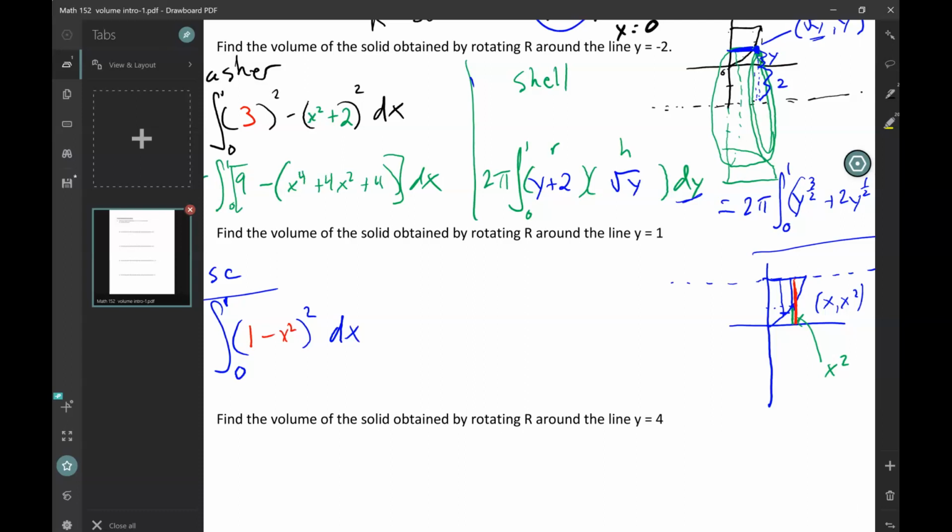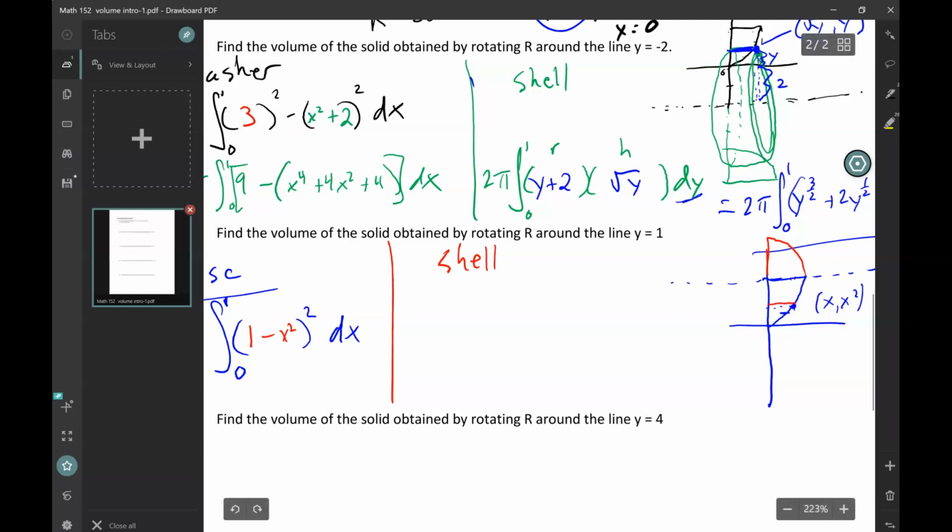So that would be the disk method. If we want to do the same problem using the shell method, just again so you can see the difference. In the shell method, let's get those radii out there. So if we draw the other half of this thing, because they're rotating around, this is, again, the cross-section area.